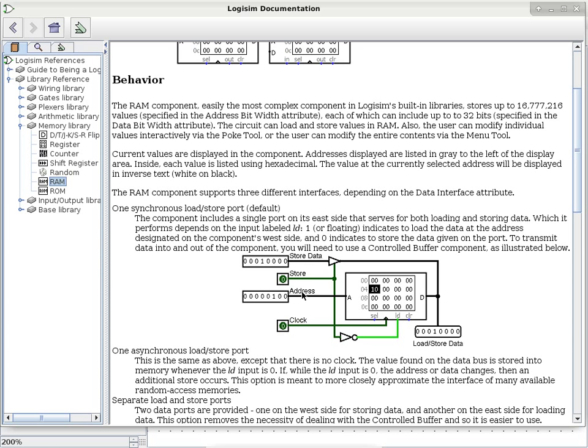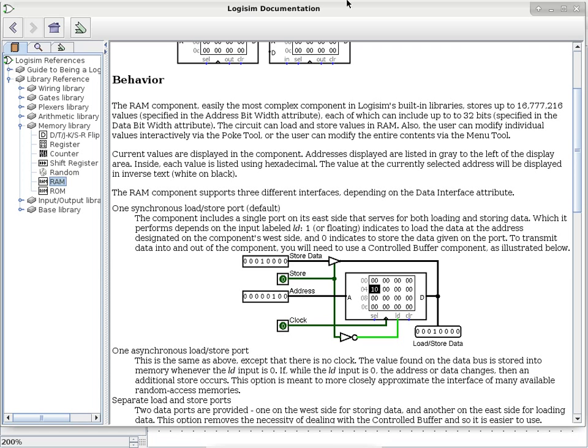Is this the same thing that you have on Moodle, or is this deeper? The stuff that I wrote on Moodle is specific to the content of this class. This is not intended for a particular class, but it does explain fully how to use that component. So you can use this as reference material, but what I wrote may be a little bit simpler, and more tailored for this class.